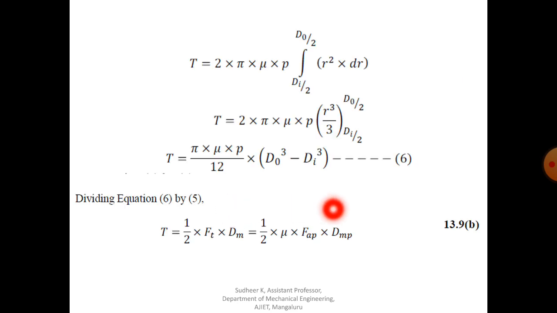Expression 13.9 gives you the torque transmitting capacity for a single pair of contacting surfaces, because this expression is only for one pair of contacting surfaces. Now we will see how the expression changes if the number of contacting surfaces increases.